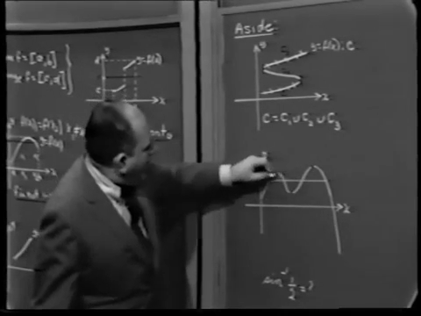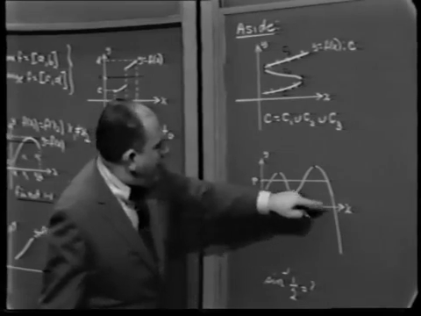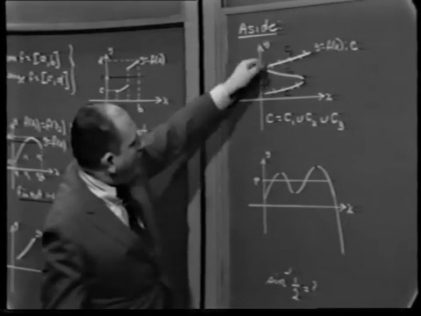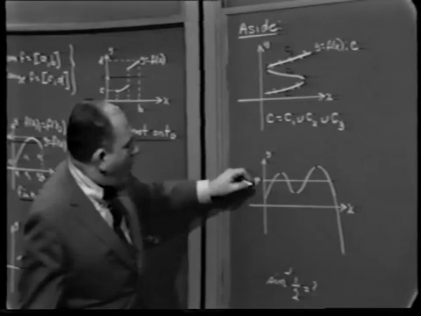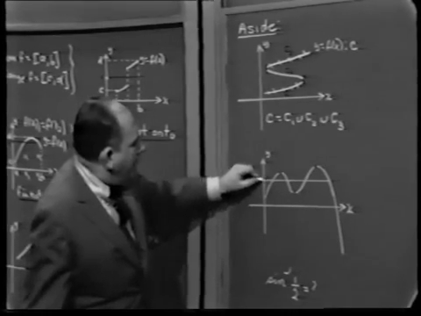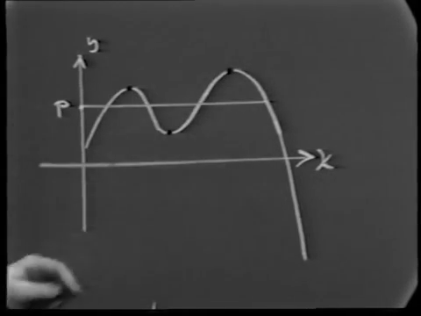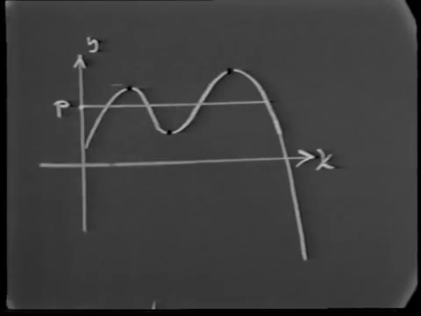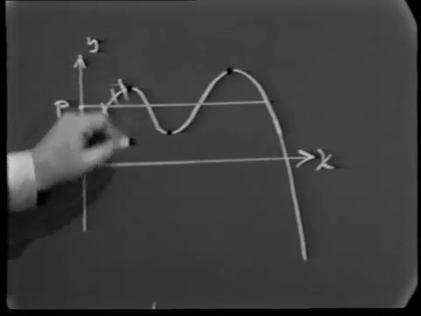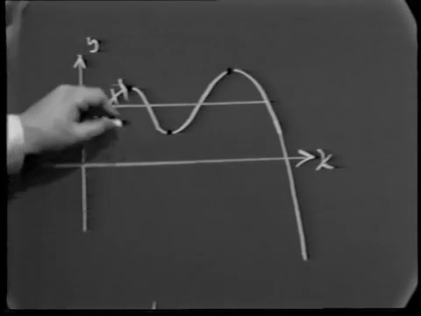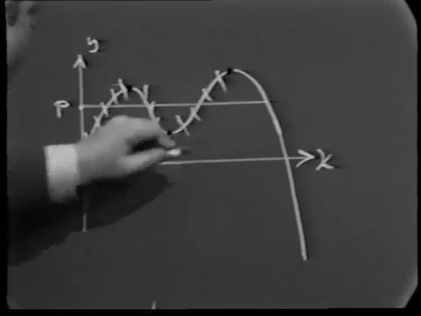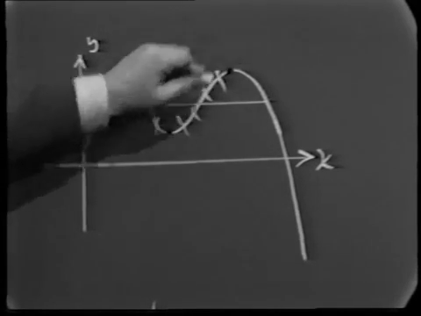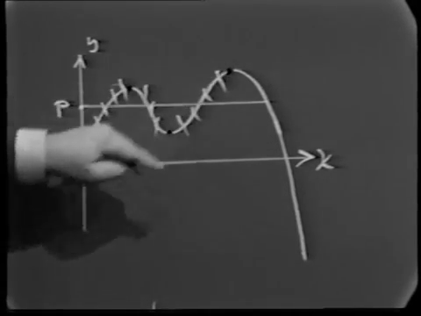In other words, when you interchange the domain and the range, the curve sort of flips over. All I want you to see here is that if you're given a function which is not single-valued, if we take the points at which horizontal tangents occur and break down the curve like this, we can break the curve down into a union of one-to-one functions.